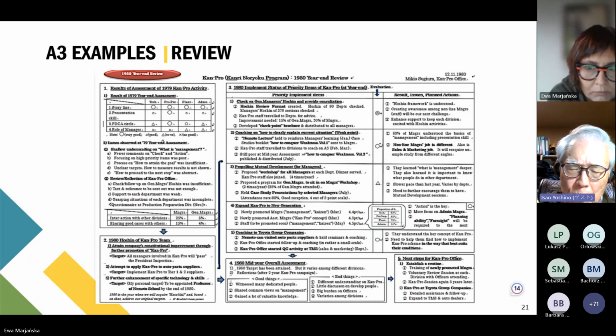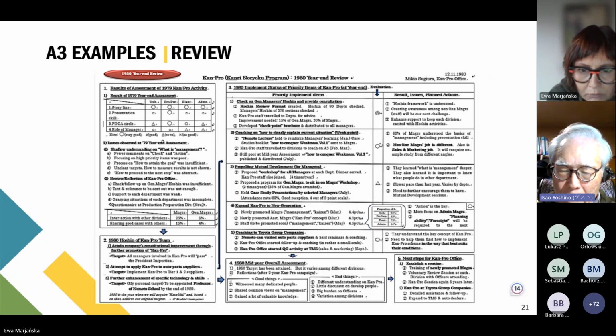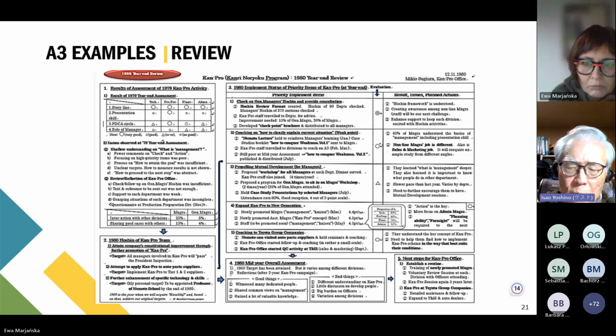But it's okay because on the right-hand side you see double circle, circle, triangle, or minus, or circle minus. This is the evaluation. So even though this is too busy, he still put these evaluations. So far, my evaluation of our activities: double circle is very good. So easy to see.